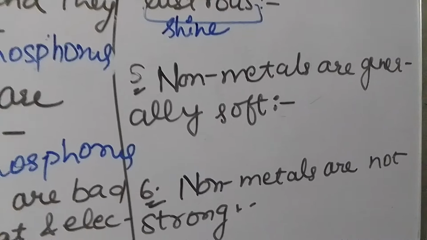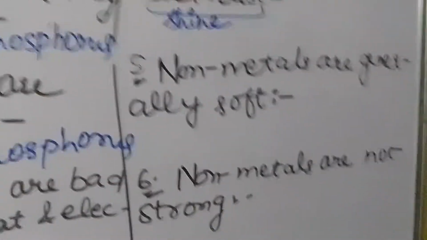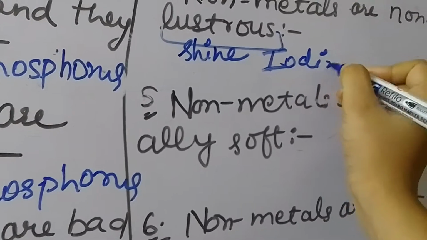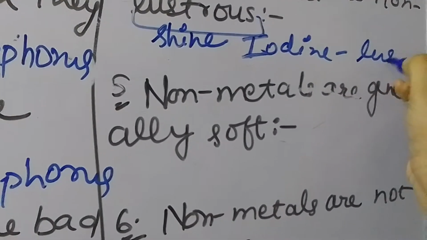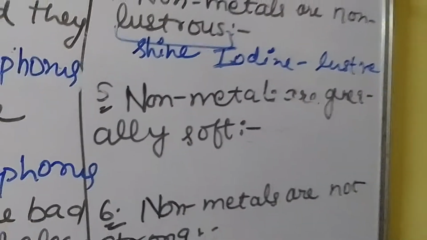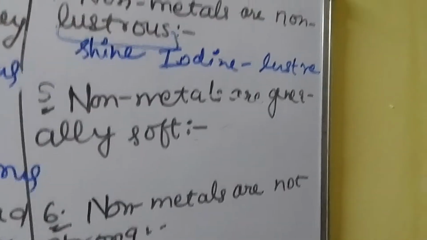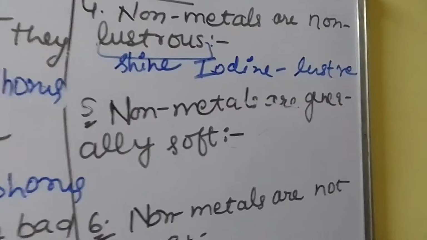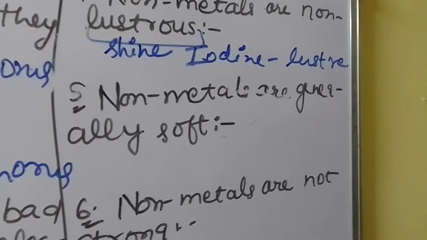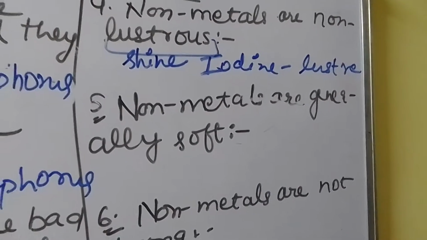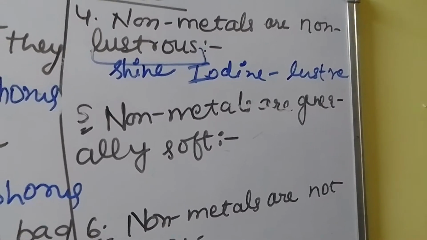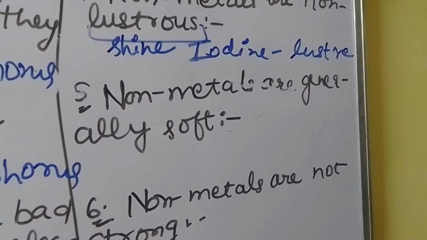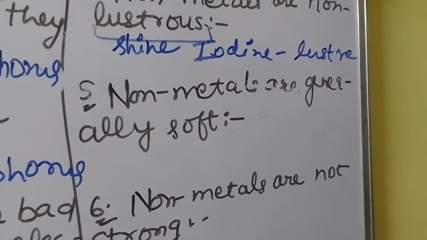They appear dull, but there is an exception, which is iodine. Iodine is lustrous. Just remember this exception because it is important from an examination point of view. It is the only non-metal which has a shining surface.